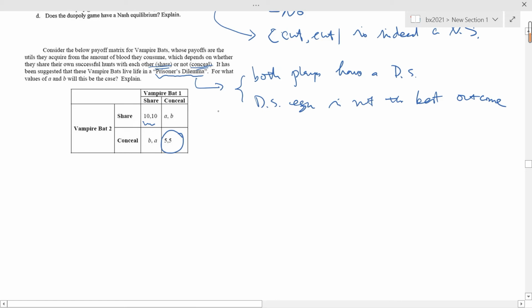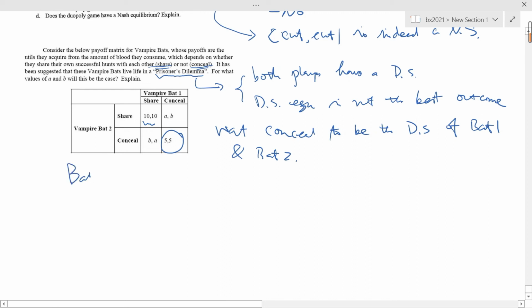So we want conceal to be the dominant strategy for both bat 1 and bat 2. Okay, so let's check for bat 1 first. We know how to check for a dominant strategy.